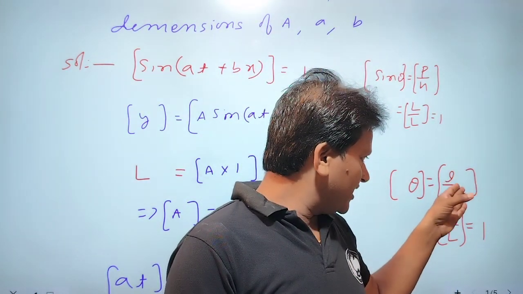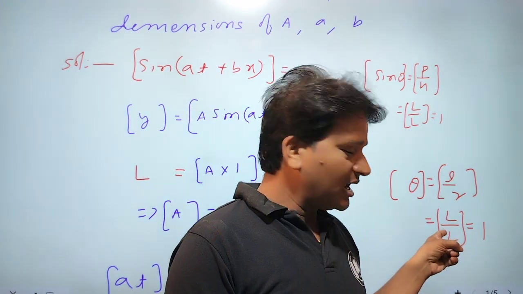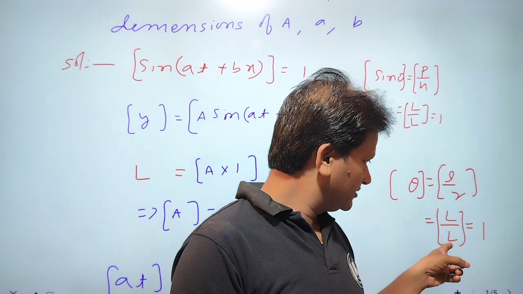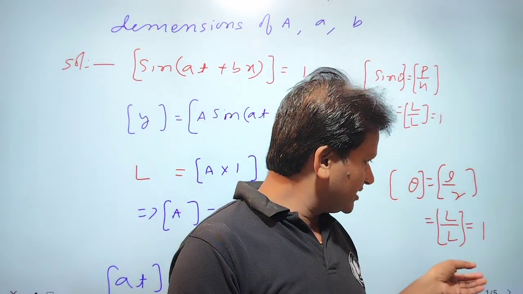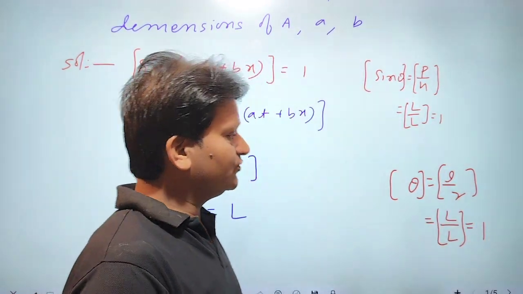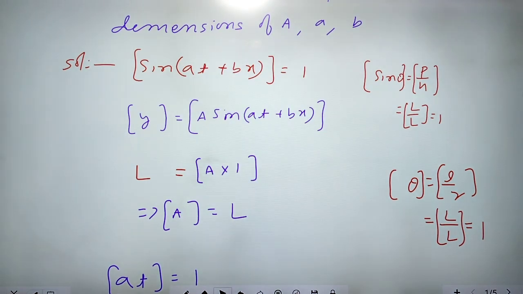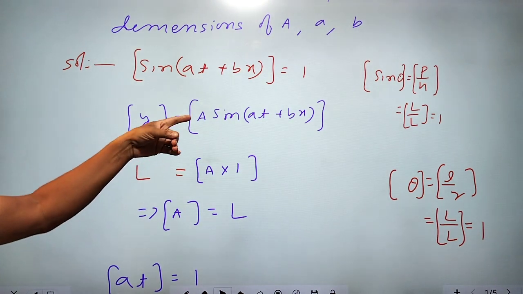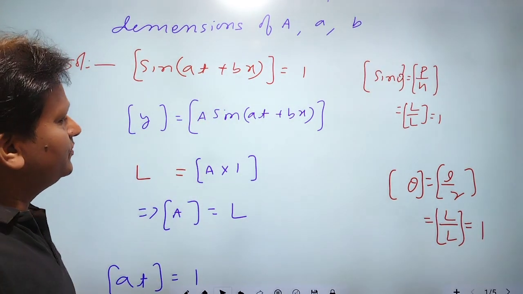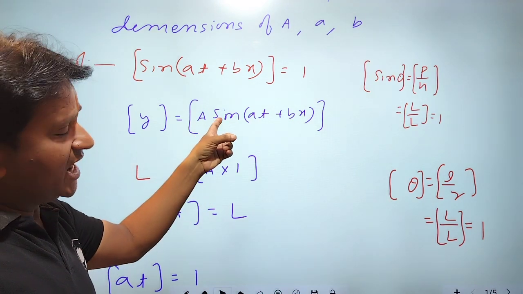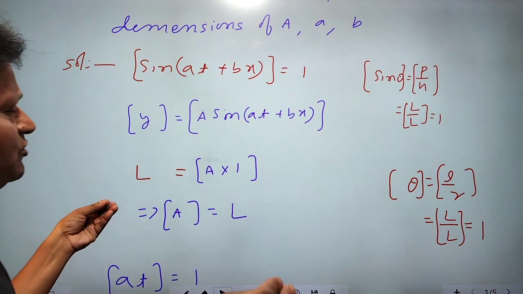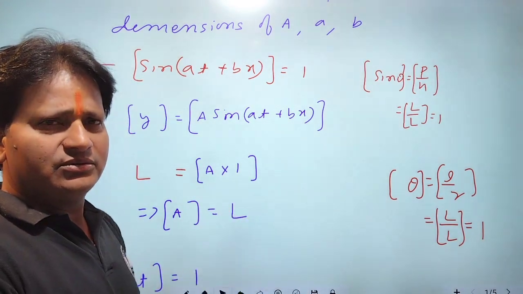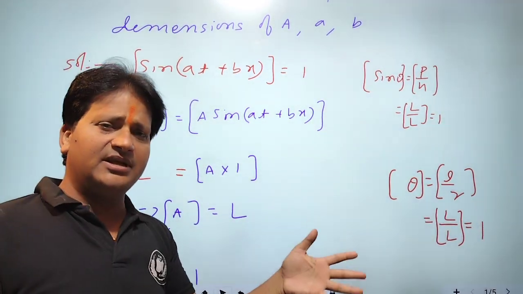Dimensions of l and r are L. Therefore, this will be cancelled out and the result will be equal to unity. Therefore, dimension of sin, cos, tan, any trigonometrical function will be equal to unity, that is a dimensionless quantity.